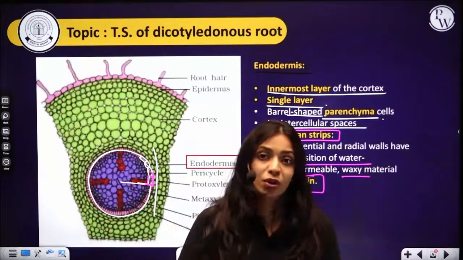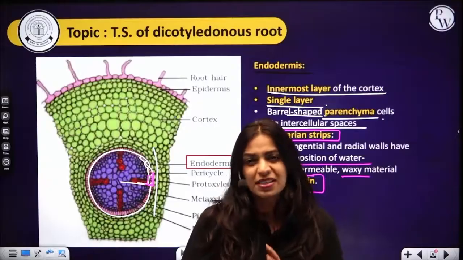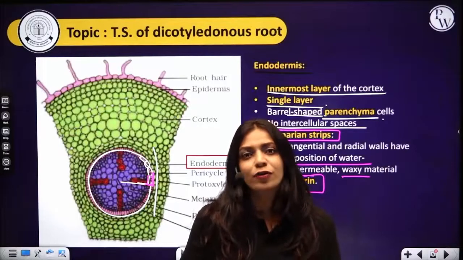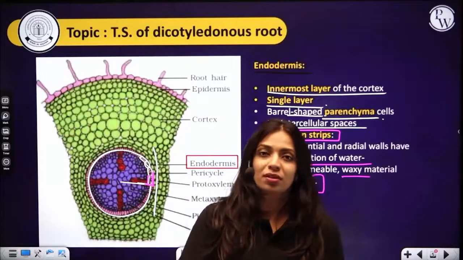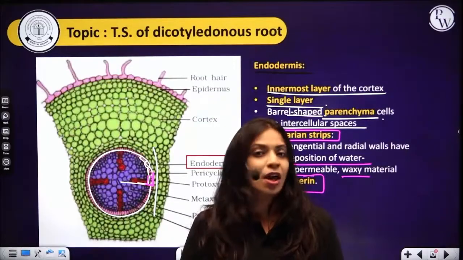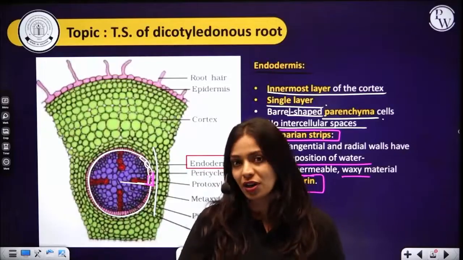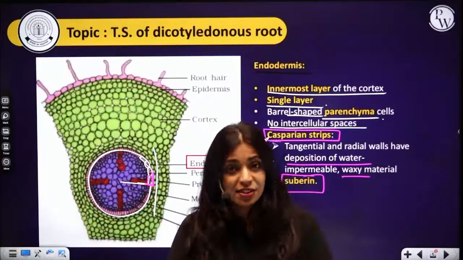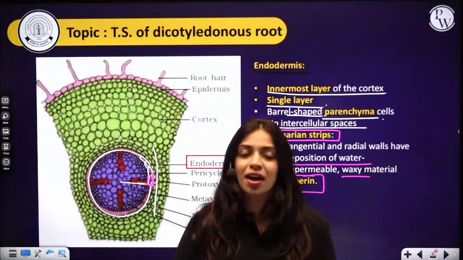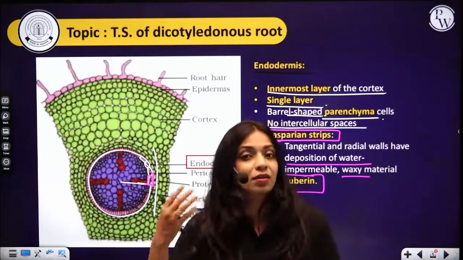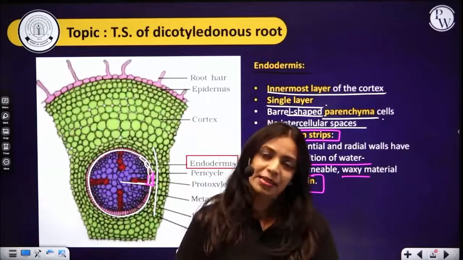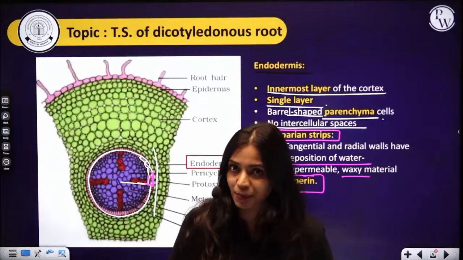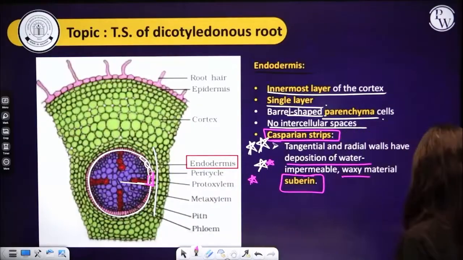They will not allow water to enter through it. Okay, so it basically acts like a checkpoint and controls what enters the root vascular bundles and what shouldn't. More about it you will learn in a chapter called Transport in Plants. Okay, so now just remember there is something called Casparian strips that is present in the endodermis of roots, which is made up of suberin, which is a water impermeable waxy material. Okay, so this much is sufficient for you to know in this chapter. Okay, that's about the endodermis.